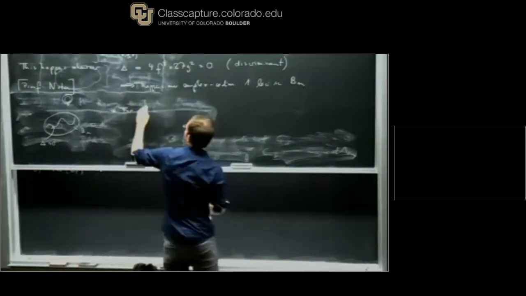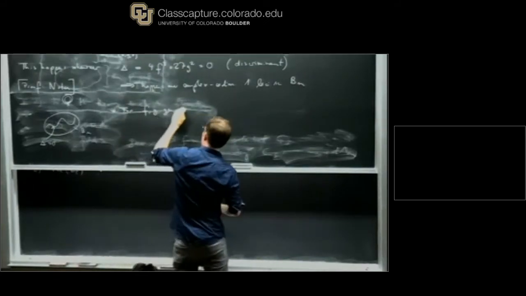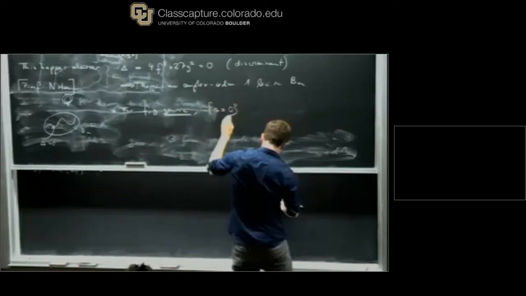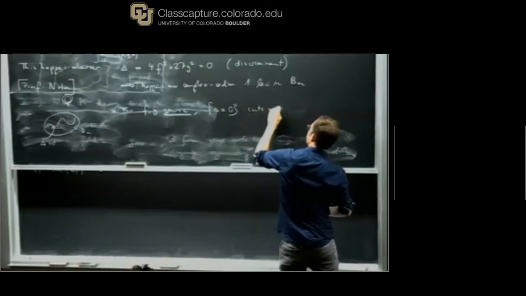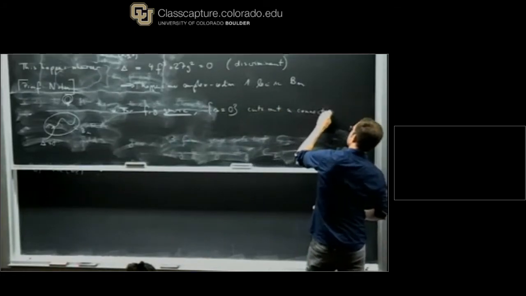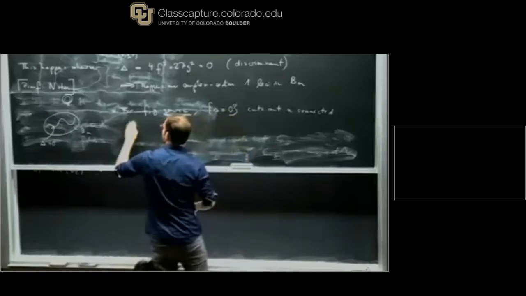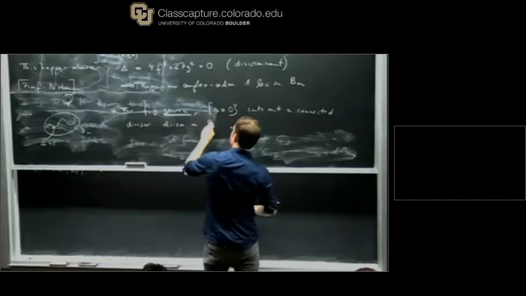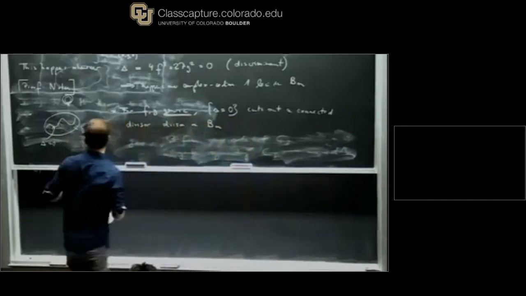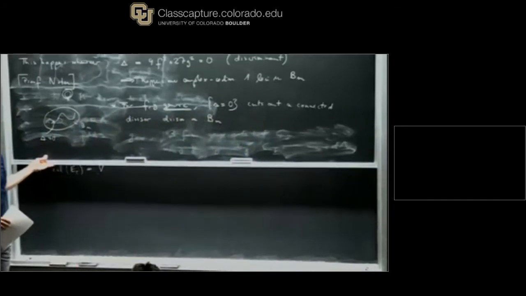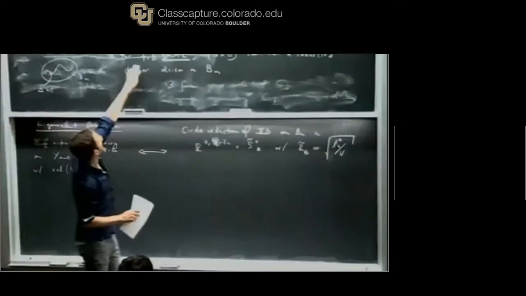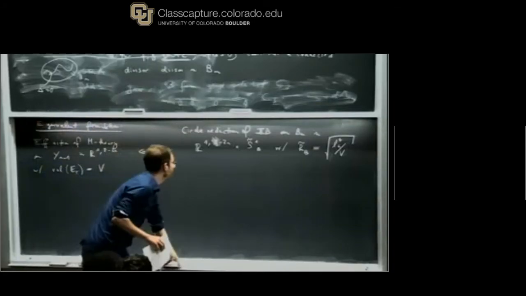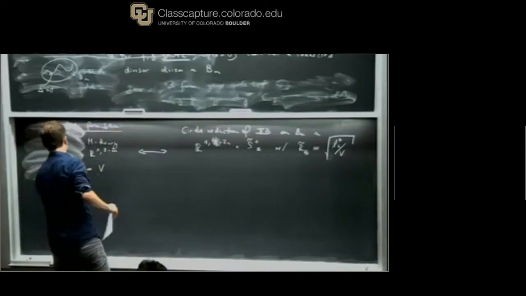So for f and g generic, the locus delta equals 0 on the base cuts out a connected divisor, so a codimension 1 object on Bn, which I drew already here. If f and g were non-generic, then it could be that it factors into several ones. And we'll discuss this in a second, but first let's stick to that case.